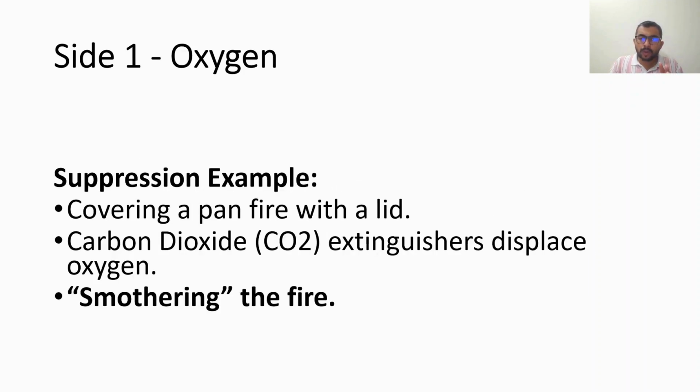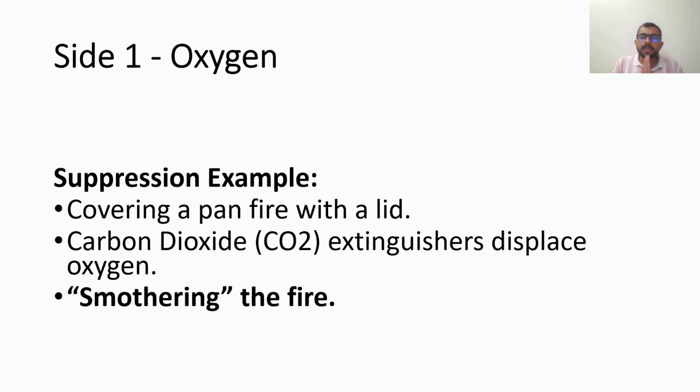Some examples of suppressing a fire: in case you're cooking something in the kitchen and suddenly a fire comes out of a pan, in order to extinguish the fire, you cover the pan with the lid so that you are cutting off the supply of oxygen from the fire.